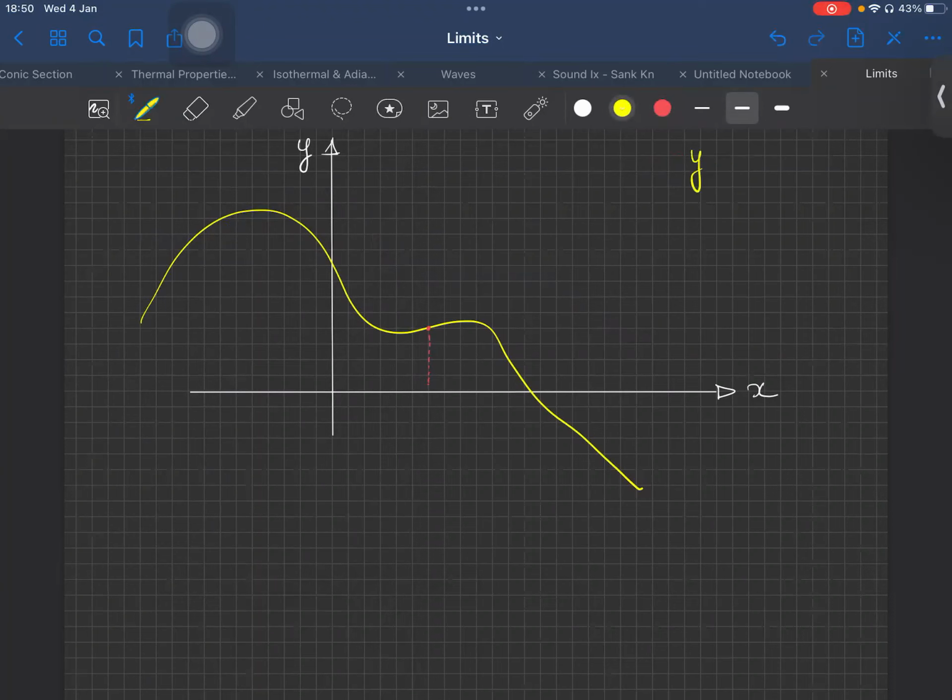That means this is f of x, and it varies in some way. At a given point, let's say x is equal to a, the value of the function is going to be f of a. That means the coordinate of this point P will be a comma f of a.